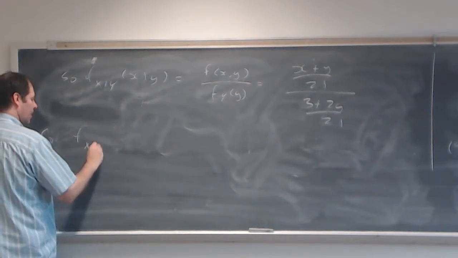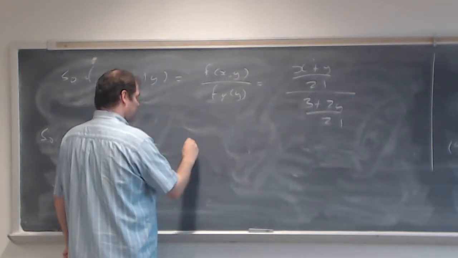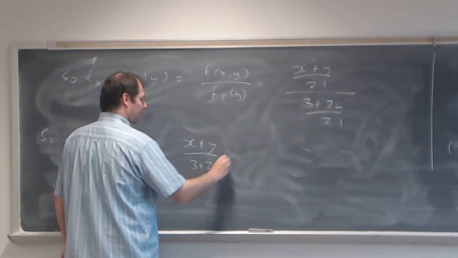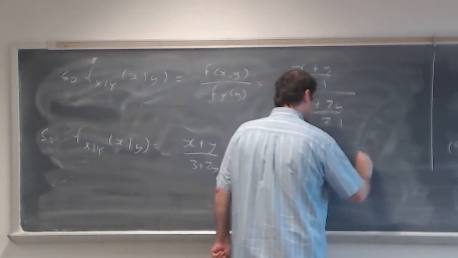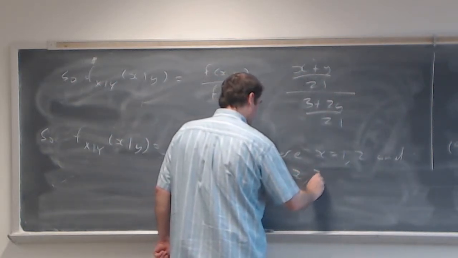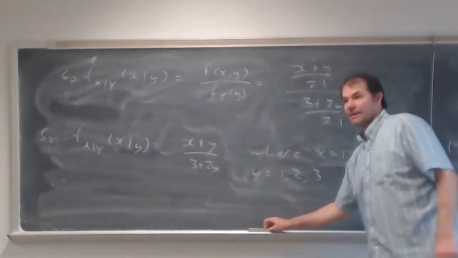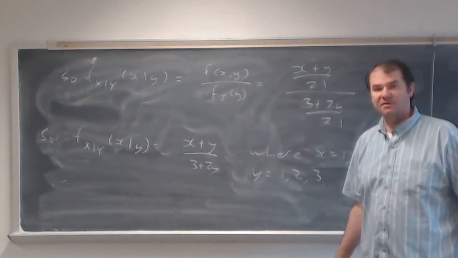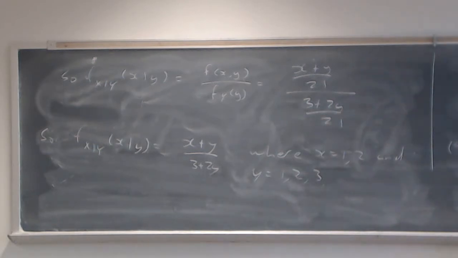So the conditional probability mass function of X given Y is, flipping and multiplying, x plus y over 3 plus 2y, where again x is equal to 1 and 2, and y is equal to 1, 2, and 3. That's what we have. Let's do similar work where we're asked to find the conditional probability mass function of Y given X, where x is given as 2.